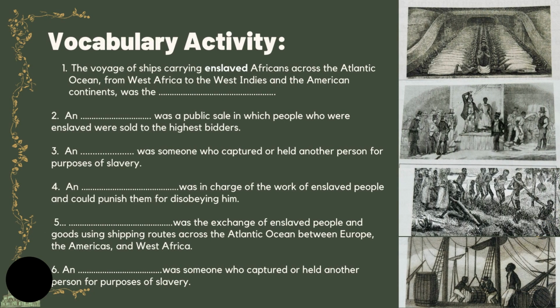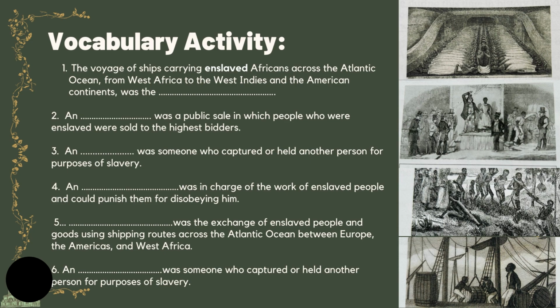So guys, this is a vocabulary activity. You can find the answer in the previous word meanings. Number one: the voyage of ships carrying enslaved Africans across the Atlantic Ocean from West Africa to the West Indies and the American continents was the answer.